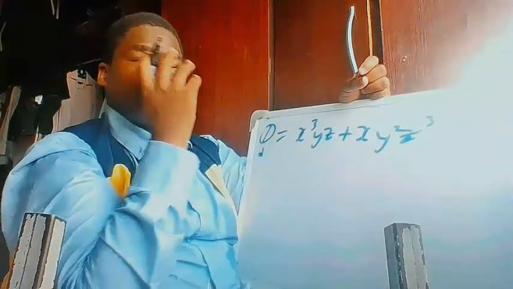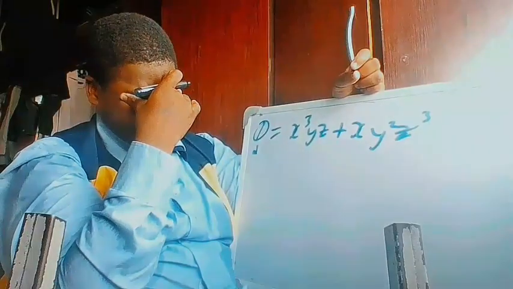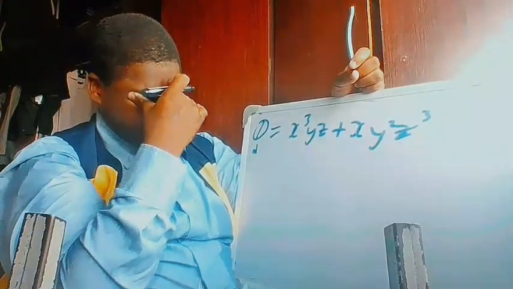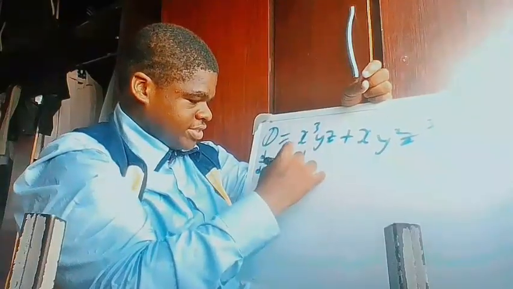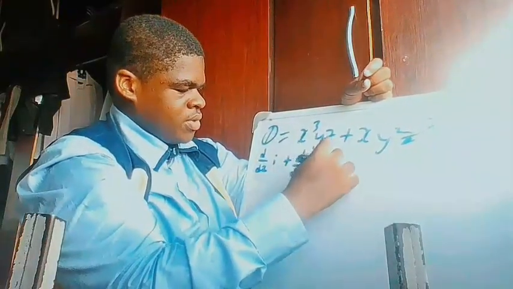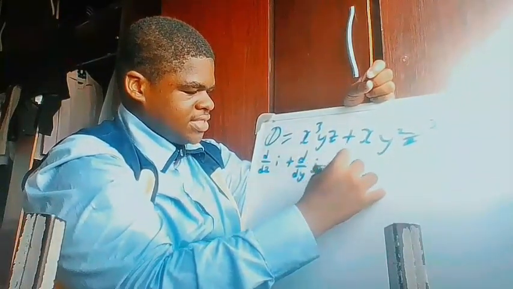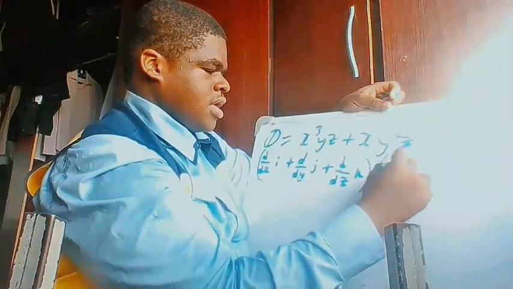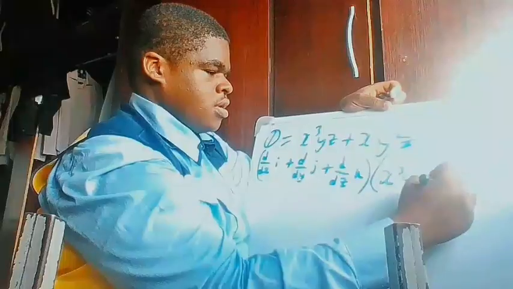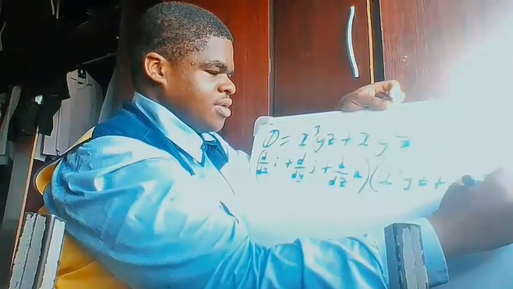So remember how to do your multiplication. We have d/dx of i plus d/dy of j plus d/dz of k times x cube yz plus xy square z cube.